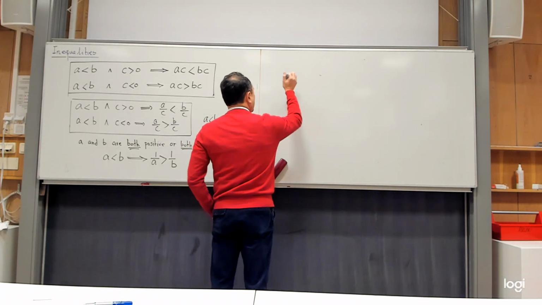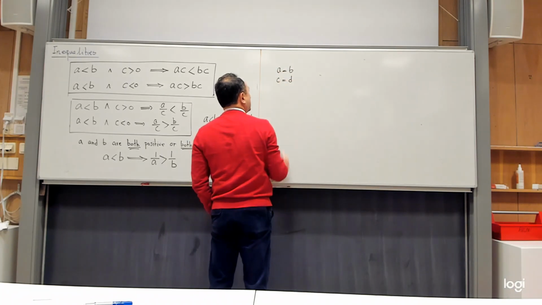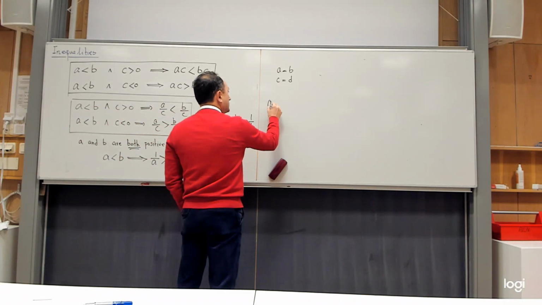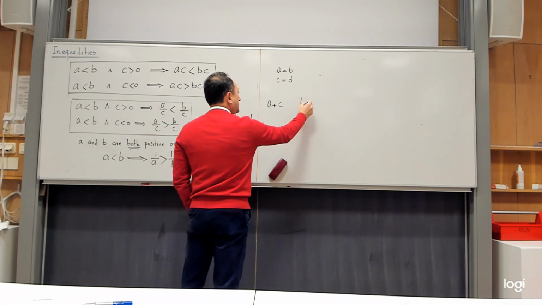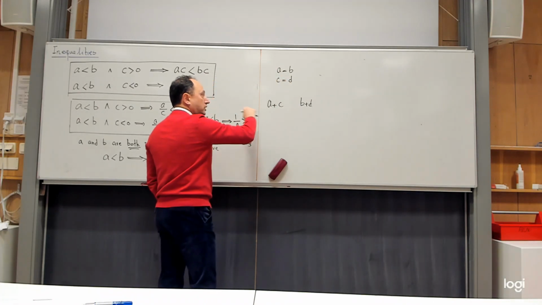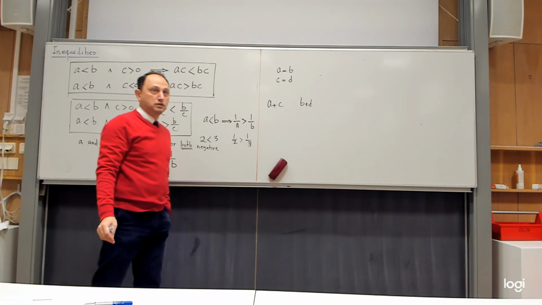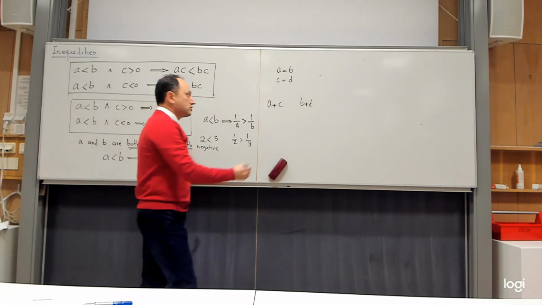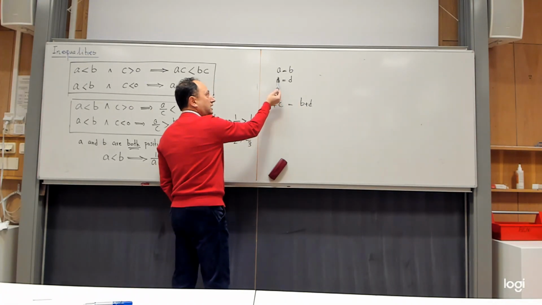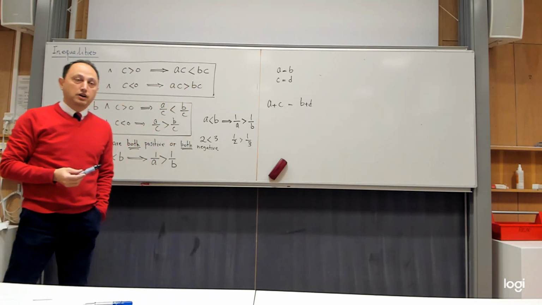For example, if I have A equals to B and I have C equals to D. So tell me, if I add A to C and if I add B to D, if I guarantee these equalities are true, what can you conclude about these two numbers? They're equal, right? They are also equal, yes? So the rule of thumb is that if I have two equalities, I can add them side by side. And still I have a true equality.